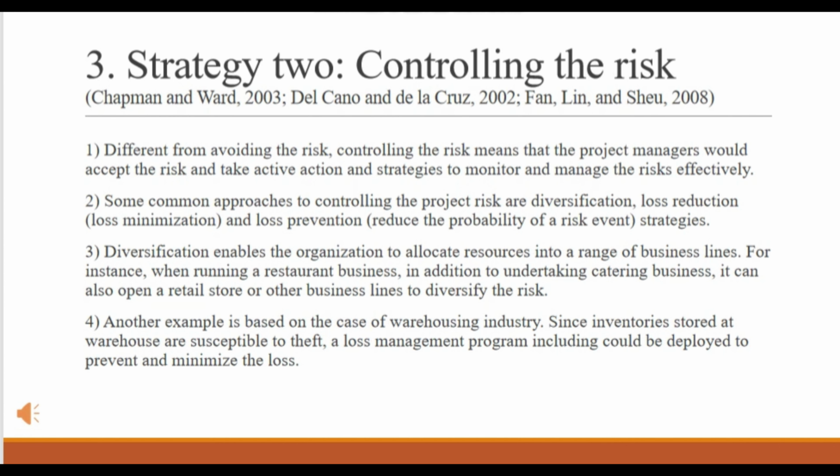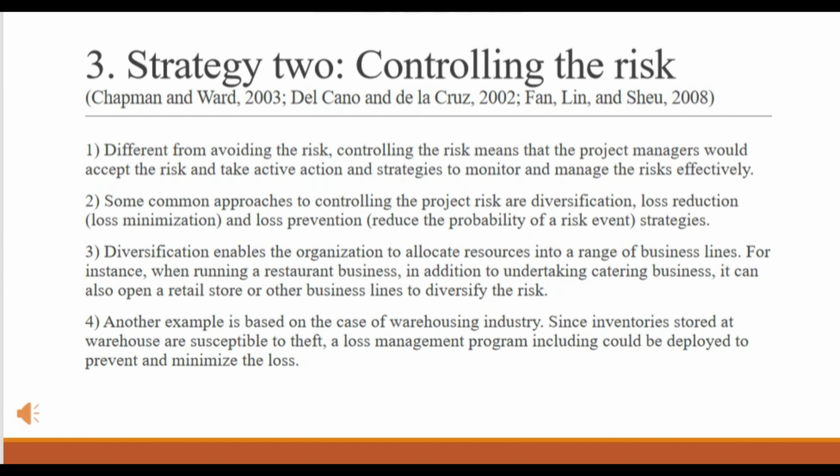Different from avoiding the risk, controlling the risk means that the project managers would accept the risk and take active action and strategies to monitor and manage the risks effectively.